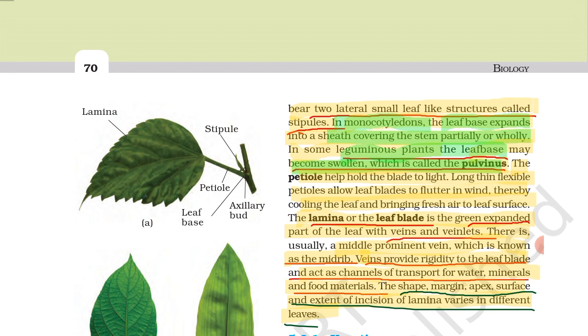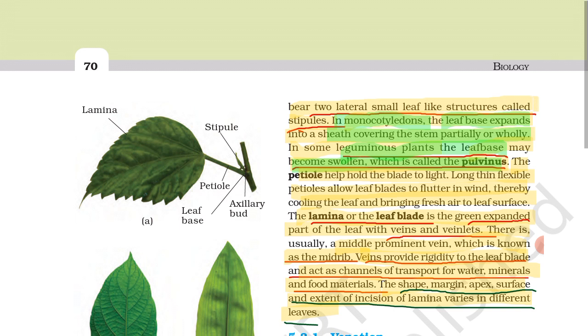Veins provide rigidity to the leaf blade and act as a channel for transport of water, minerals and food materials. The shape, margin, apex, surface and extent of incision of the lamina vary in different leaves.